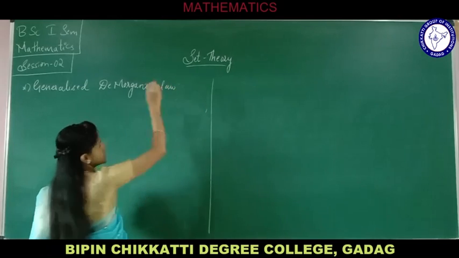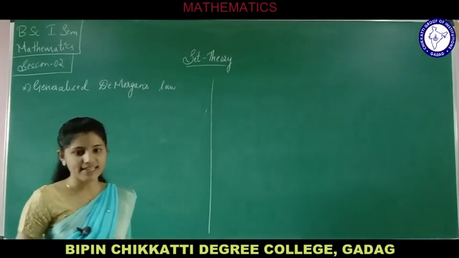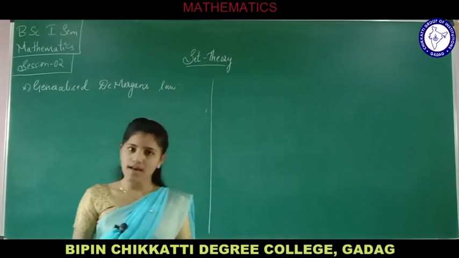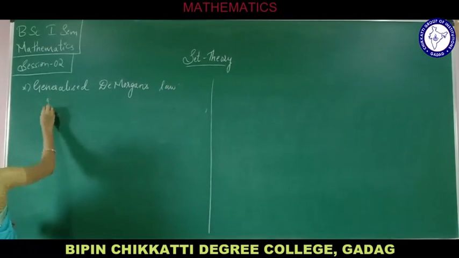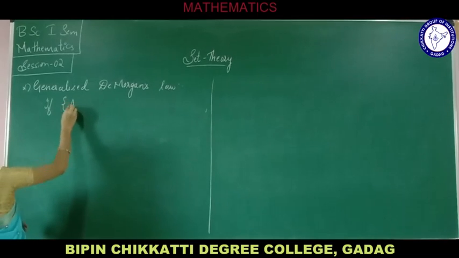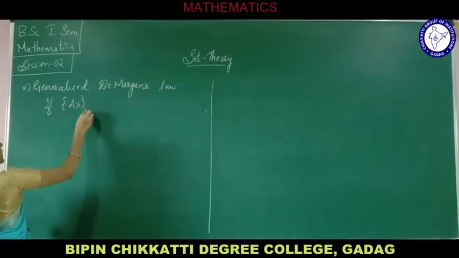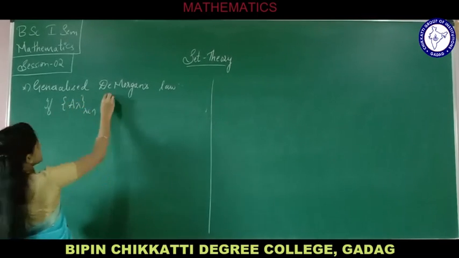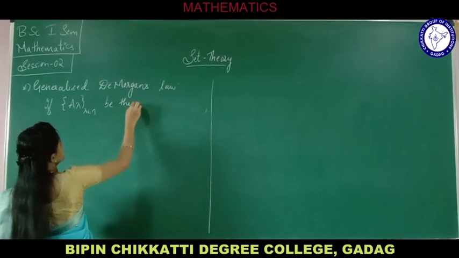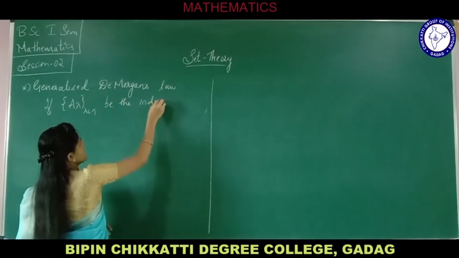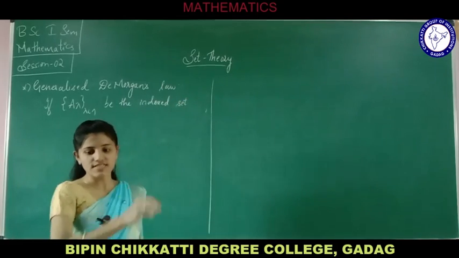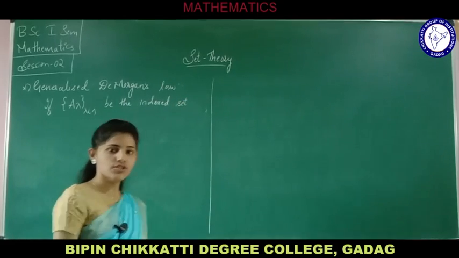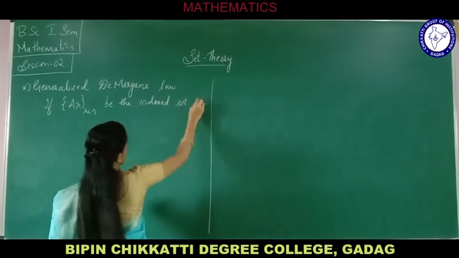That is, if A lambda, where lambda belongs to the indexed family, be the indexed set, then we have two laws.